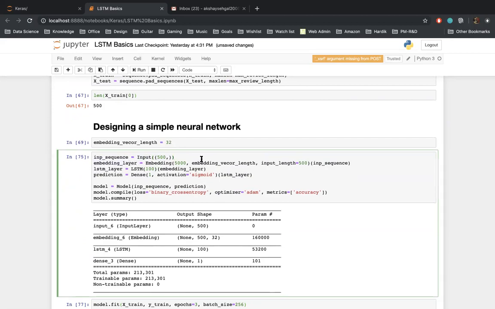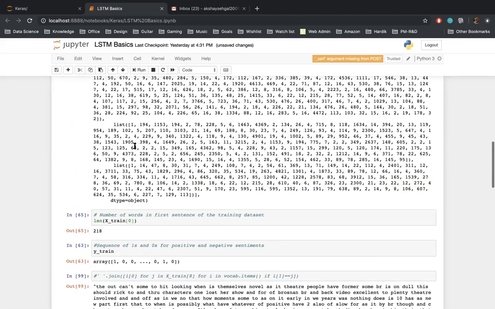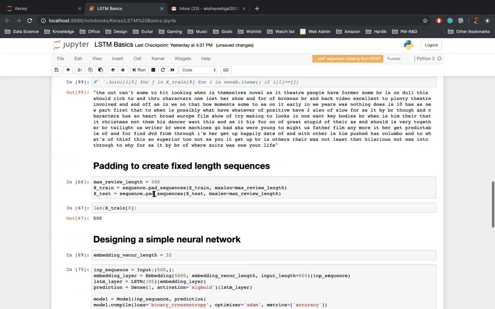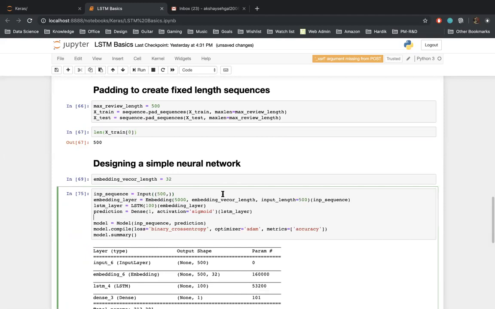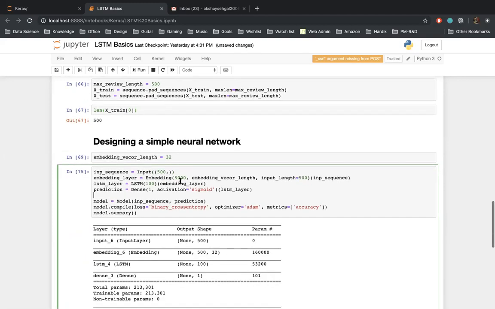The embedding layer's purpose is to open up each of those representations for the word, which you see out here. So this is a single word, this is a single word. It opens these up into their own vector. So you have 5,000 different words. You set a length for what sort of vector representation. So you can think of this as a word embedding.